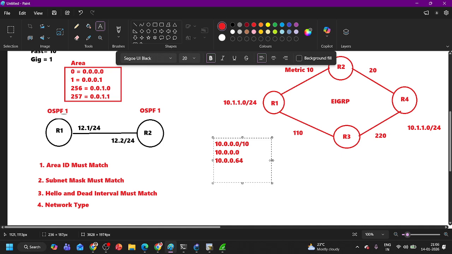So what will be the last IP address of the first subnet? 63. 10.0.0.63. Then the next subnet.